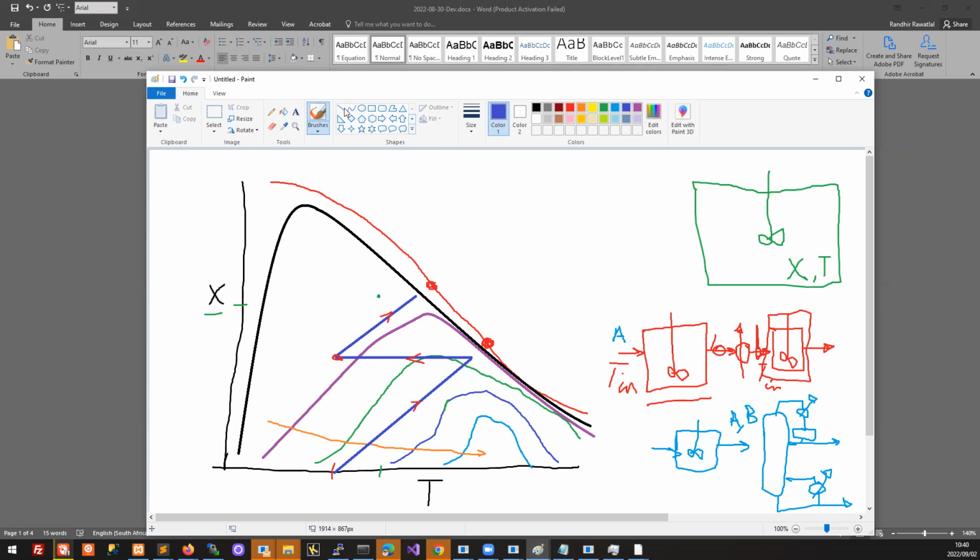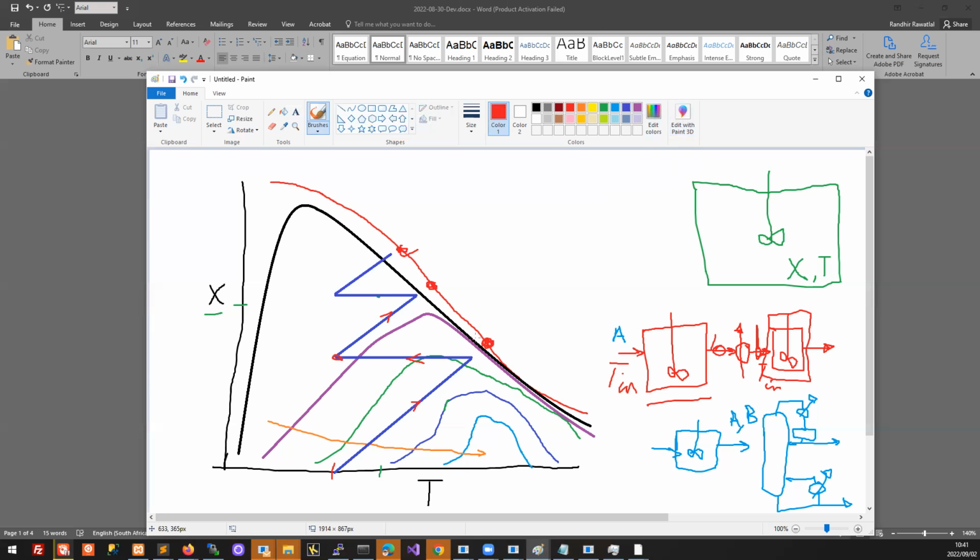And then again, we can apply more cooling. So we can apply another cooler here, get back to a T in, and then again, we can apply a reactor, and now we've got a higher conversion available. So that's all fine. Any questions on that so far? So that's fine. That's in principle what we can do.